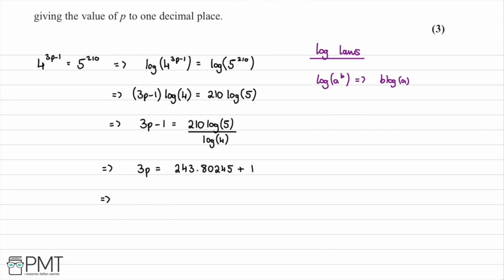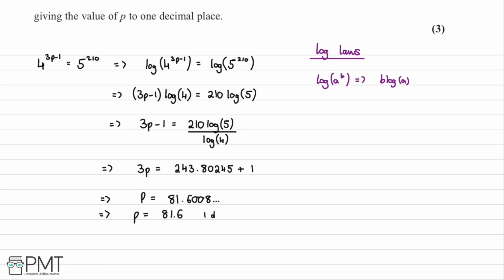And then to get p on its own, we want to divide everything by 3. So putting this into our calculator, that number divided by 3 is going to leave us with p is equal to 81.6008, and so on. So therefore, we can conclude that to one decimal place, p is equal to 81.6.